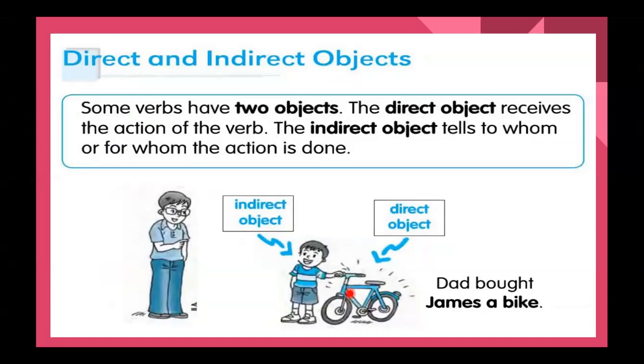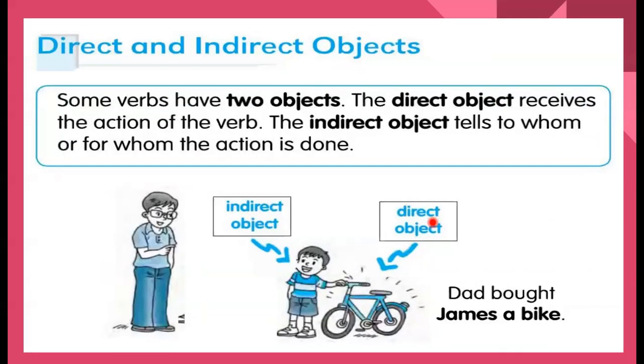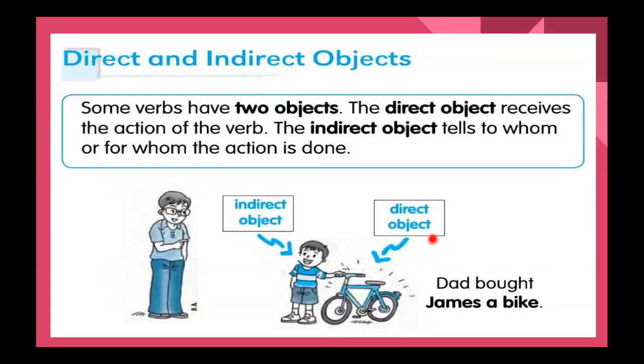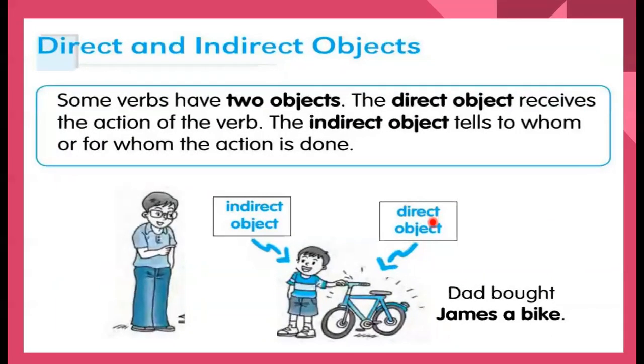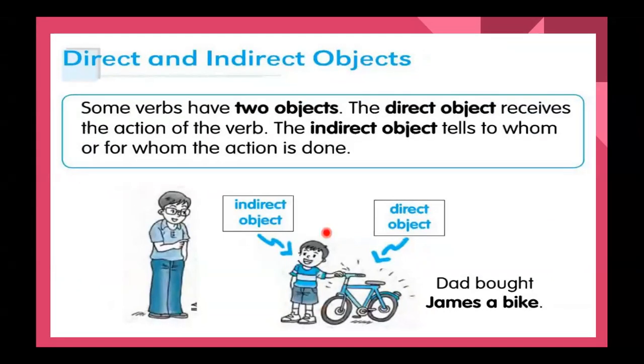I want you to read out this. Sister Amina, can you read out the direct and indirect object over here, please? Some verbs have two objects. The direct object receives the action of the verb. The indirect object tells to whom or for whom the action is done.